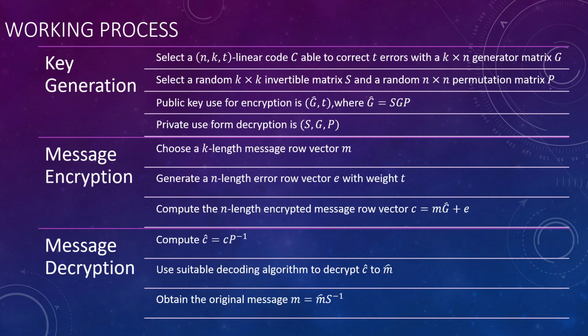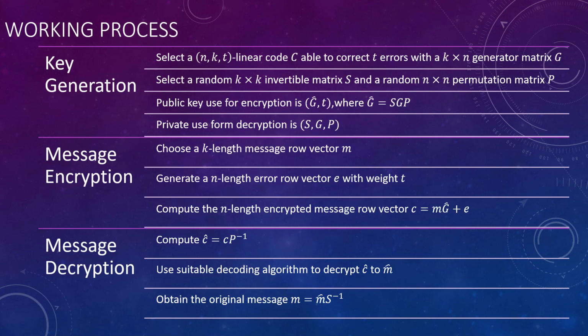After multiplying, it generates an n-length code word. Then we add an n-length error row vector E with weight t to the code word generated by the previous multiplication to generate the actual n-length encrypted message row vector C.